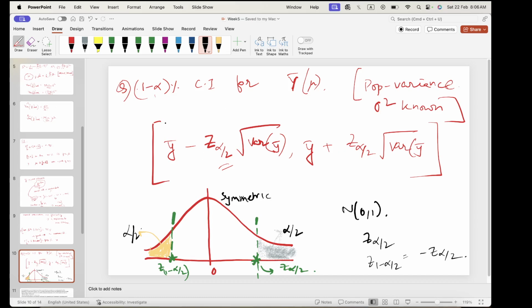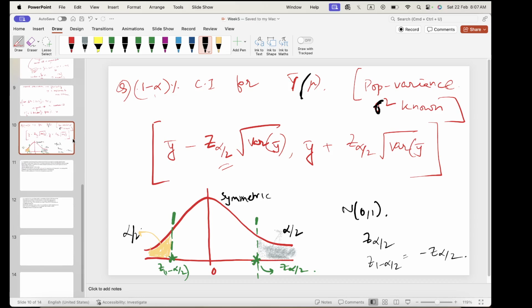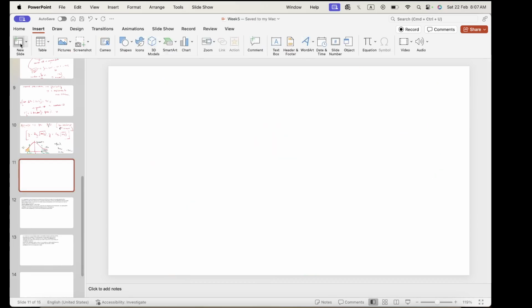So now coming back to this question. For the population mean Y bar, this is how my confidence interval is going to look if sigma square, the population variance, is known. But if the population variance is unknown, then how will it look?